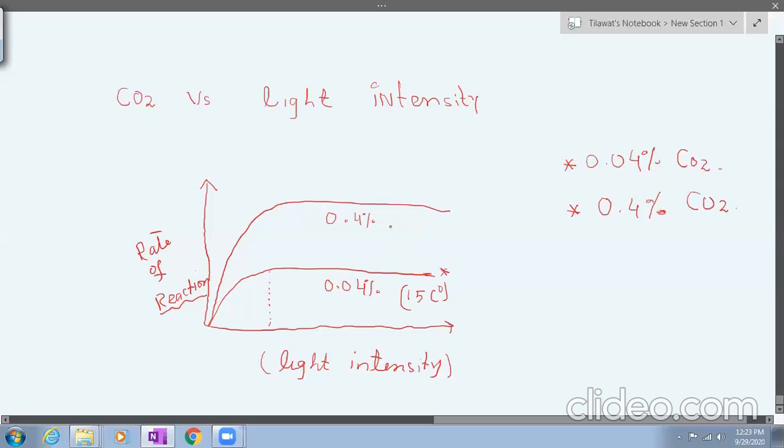And when I move towards 0.4%, at that time I kept the temperature at 25. So it means that the rate limiting factor was temperature and carbon dioxide. Is it clear? Due to which your graph becomes high.